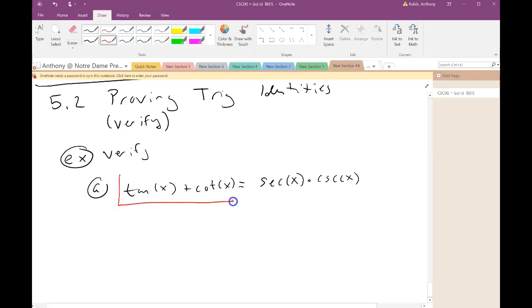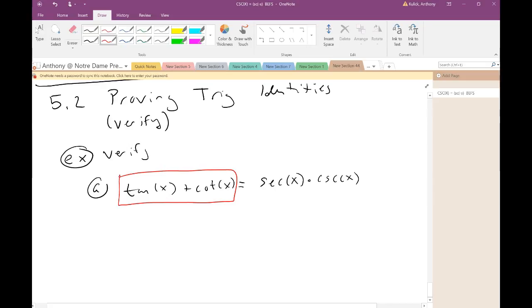The two terms is the least simple one. That's the side that I'd want to start with. So that's the side I'm going to work on. And I know I'm finished when I get to secant x times cosecant x. Everybody okay with that plan?